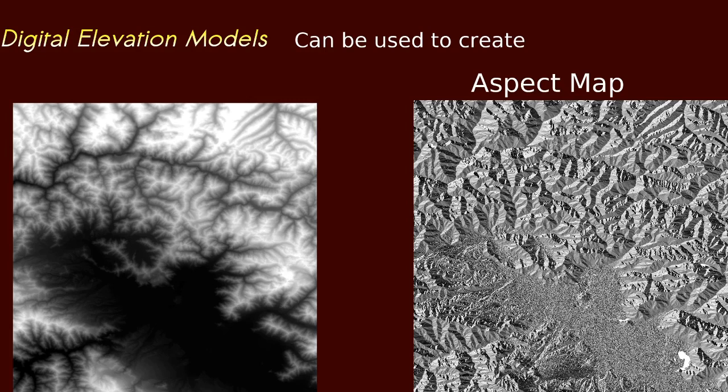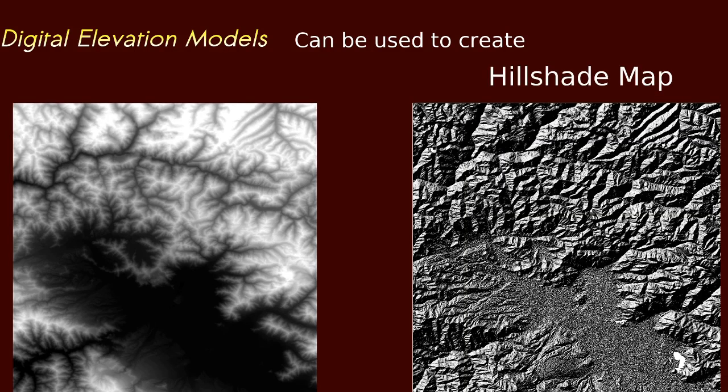The slope aspect is an important factor in that it determines the amount of sunlight falling on a particular slope and moisture retained by it, which determines what sort of vegetation grows on the surface, and it is a very important factor for agriculture. We'll learn how to create an aspect map in QGIS, and the next product will be the hillshade map.